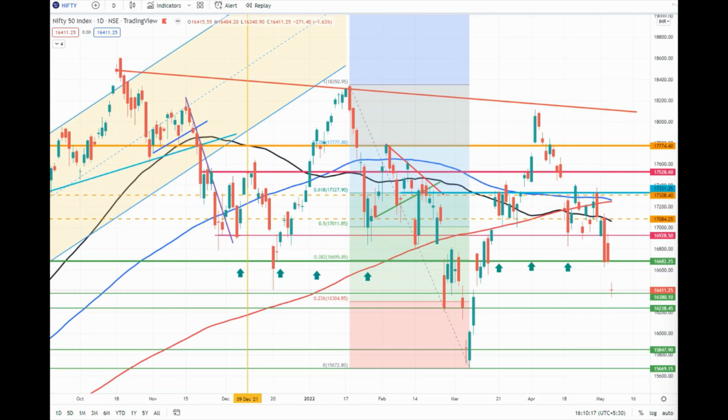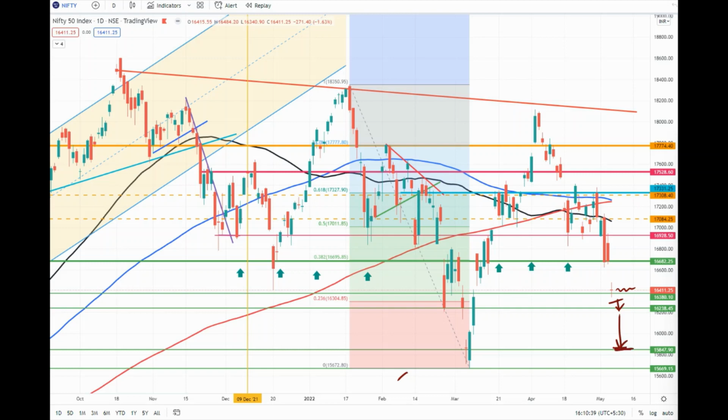So what are the levels that are important for us? 16,380, 16,238, and below which there will be a much lower level, that is around 15,847. So the scenario is sideways possible.